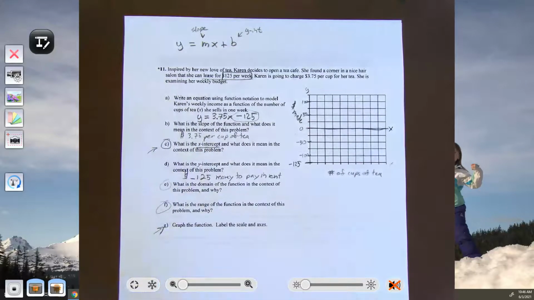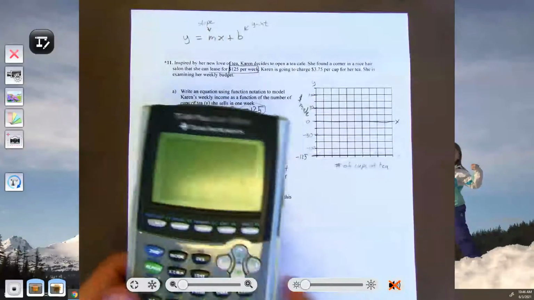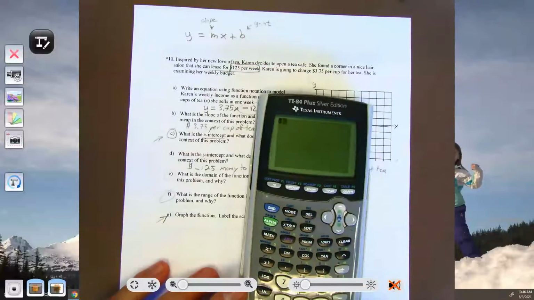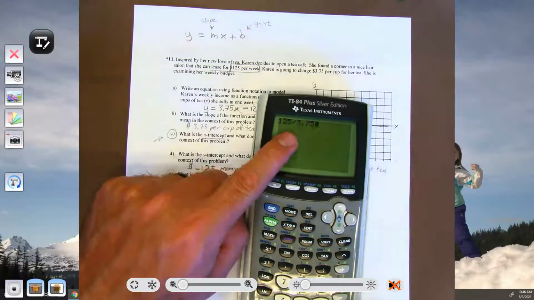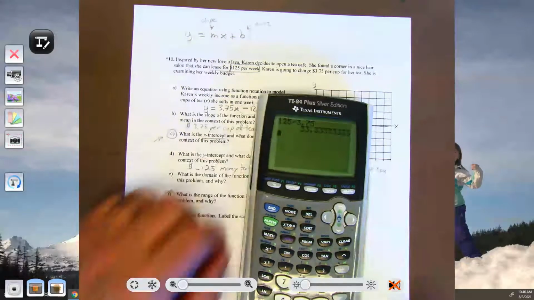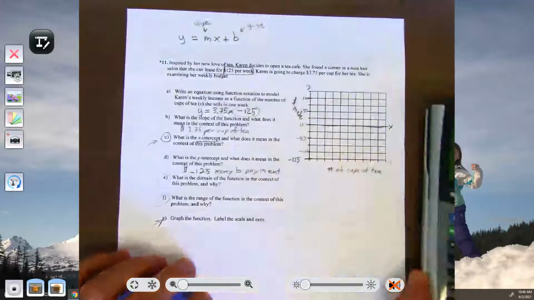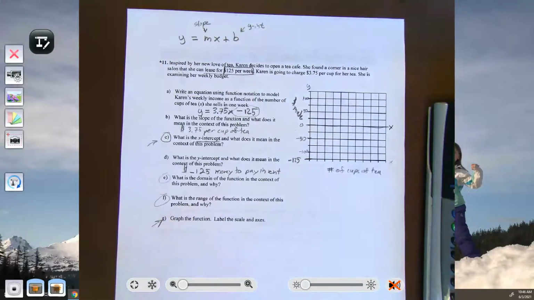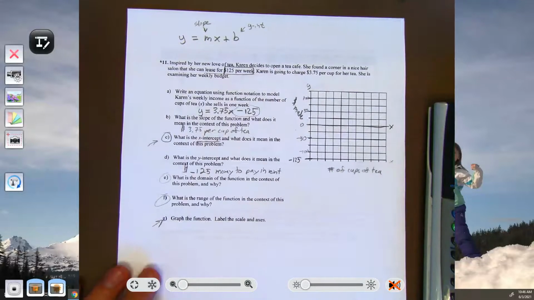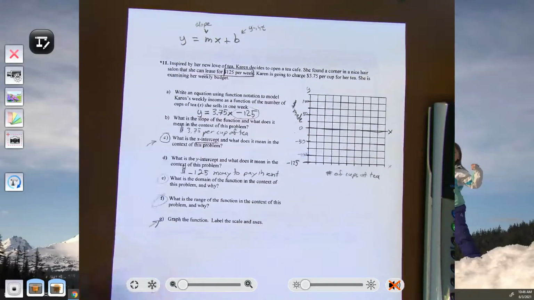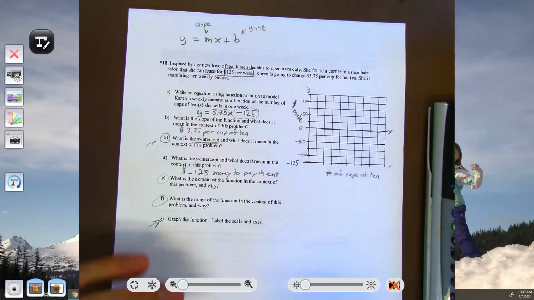Get out your calculator or your phone and go $125 divided by 3.75. That tells me how many cups of tea I need to sell to make $125. It looks like 33.3 repeating is where we're actually at $0. So if we sell 34 cups of tea, we'll make up that $125 plus a couple cents more.